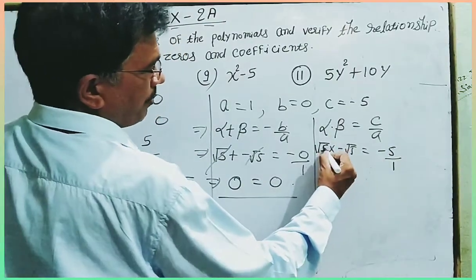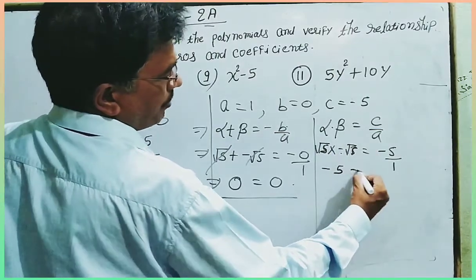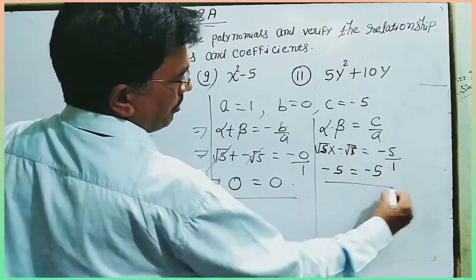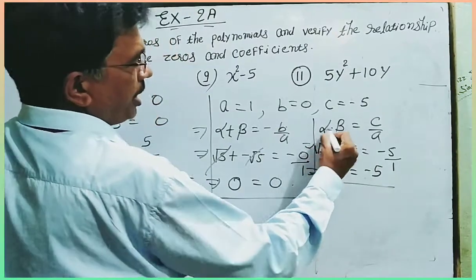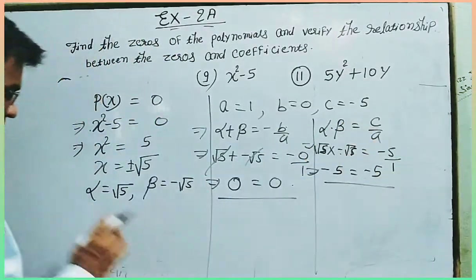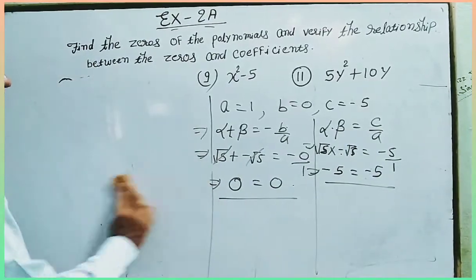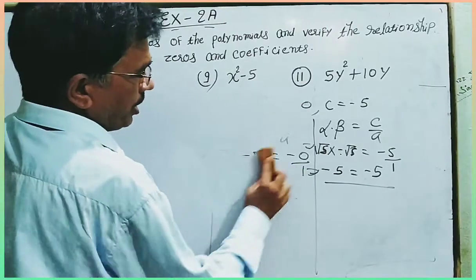So root 5 times minus root 5 gives minus 5, and here is also minus 5. Both are equal, and that means the product of the zeros is equal to c by a. So it is the relation between the zeros and the coefficients. That is question number 9.